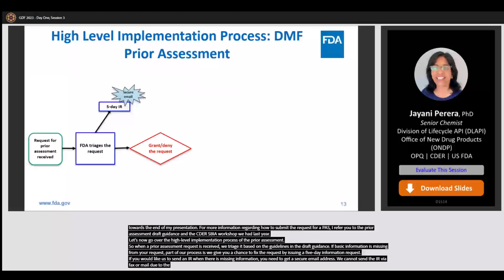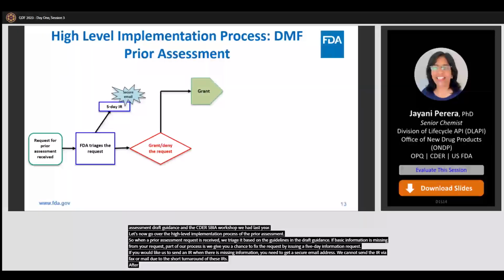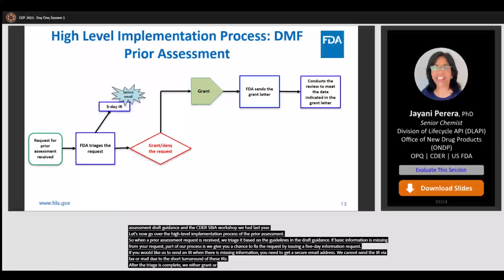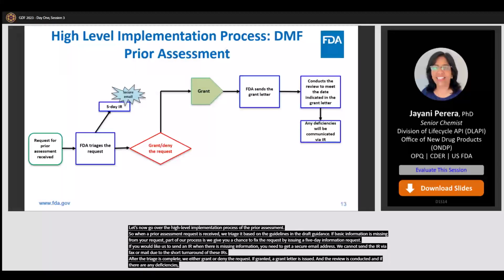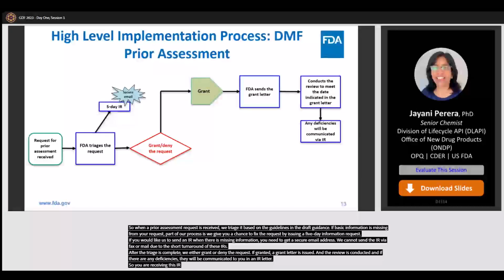After the triage is complete, we either grant or deny the request. If granted, a grant letter is issued and the review is conducted, and if there are any deficiencies, they will be communicated to you in an IR letter. So you are receiving this IR about 4 to 5 months earlier than you would under the GDUFA II process.